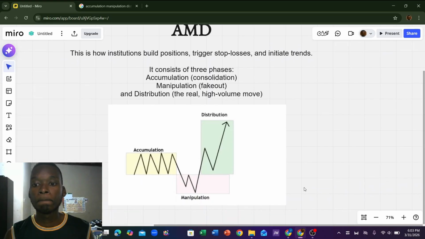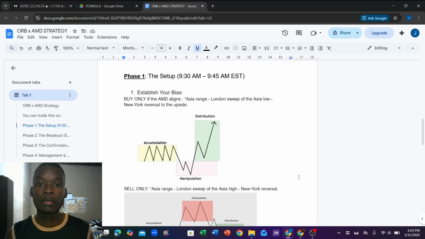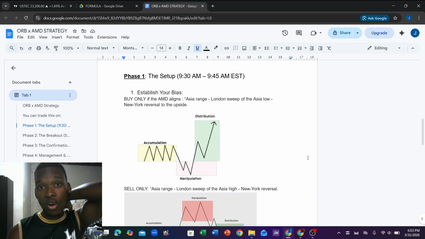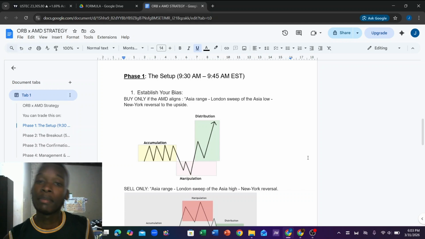When you get into the charts, how do you identify the AMD pattern? You're going to identify the AMD pattern on the 15-minute chart.